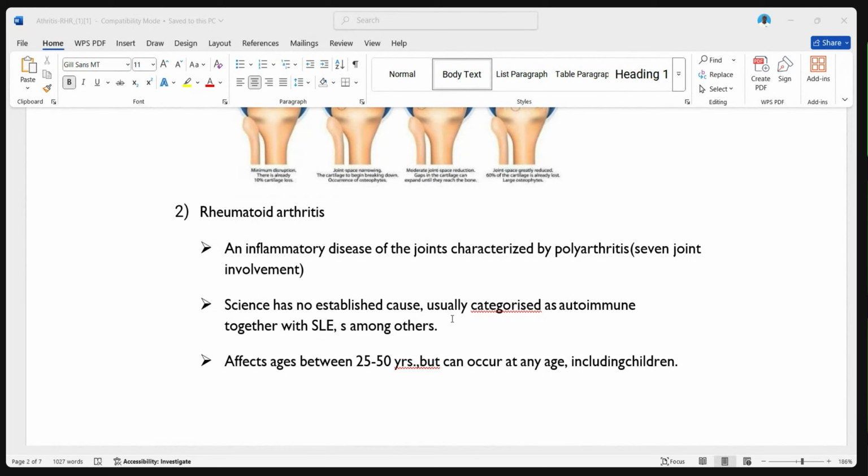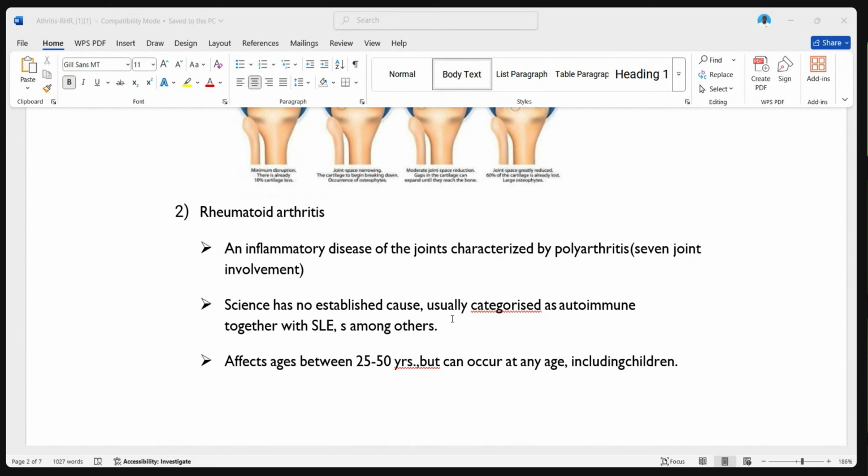And this is the same case with rheumatoid arthritis, an autoimmune disease, where someone can have a genetic predisposition to the same, but environmental triggers like smoking and infections will actually bring about what is called an abnormal immune activation. I think this is very key so that we understand.